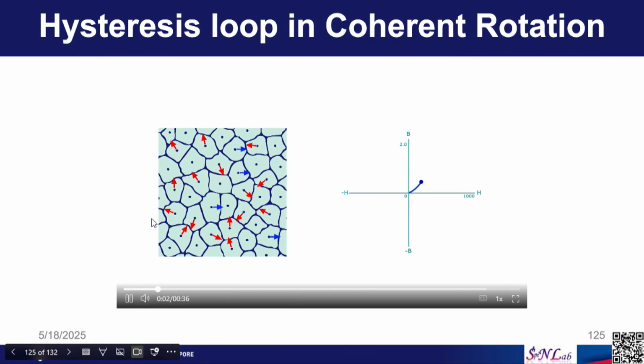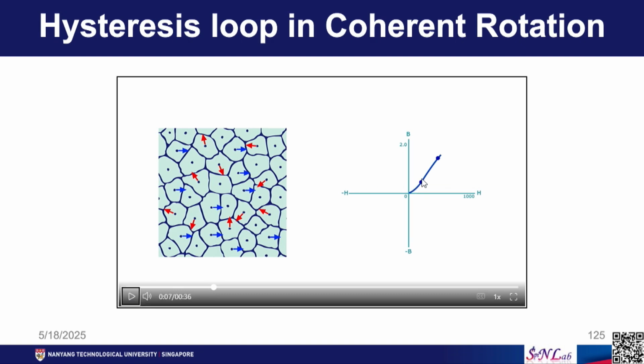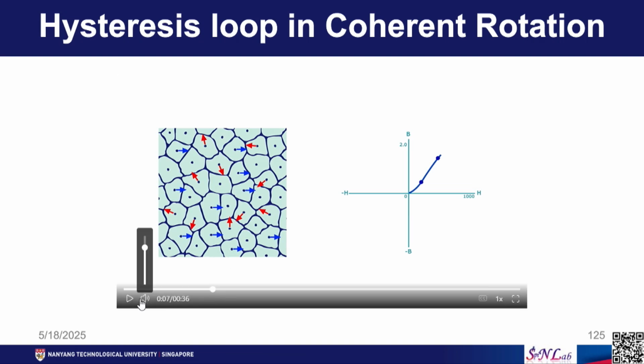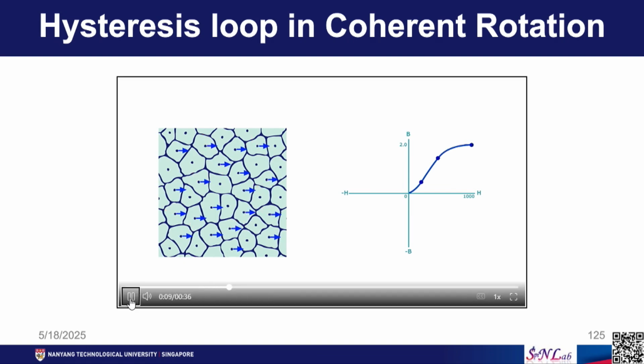When you have many single domain particles, you can notice that as the field increases, when the field is more than the anisotropy field of a certain particle, then that particle will reverse. So, in a group of particles, each particle will reverse at its own field. They don't switch together; they will switch independently of each other.